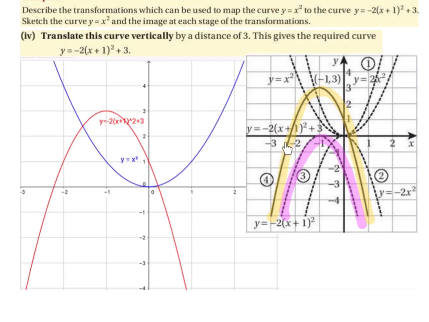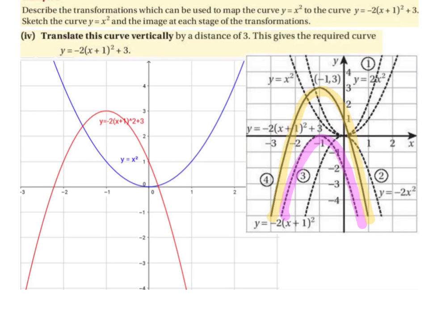So this is the curve of minus 2 times (x plus 1) squared plus 3. Again, this was our original y equals x squared graph, and now this is our final graph. This is the final place of our graph. So this is the curve of y equals minus 2 times (x plus 1) squared plus 3.